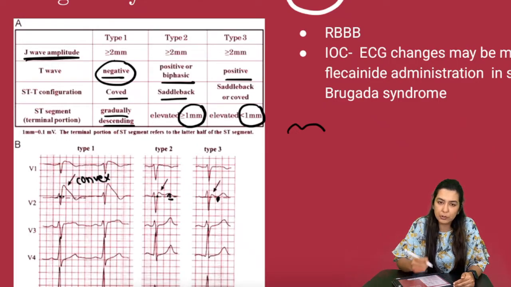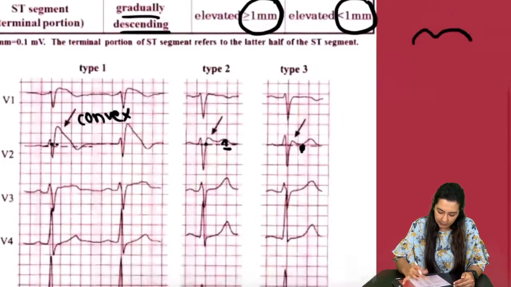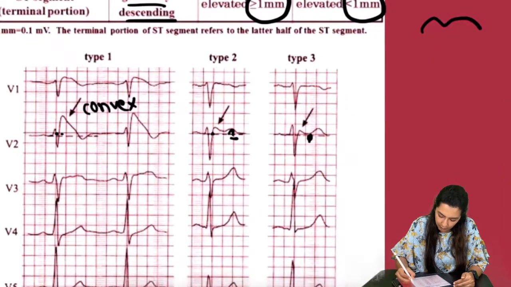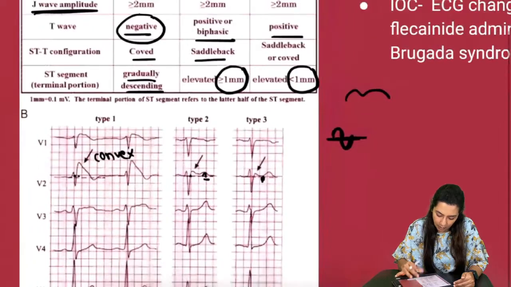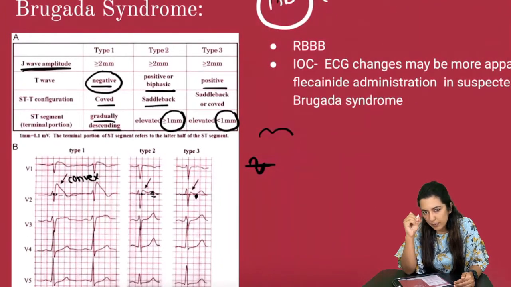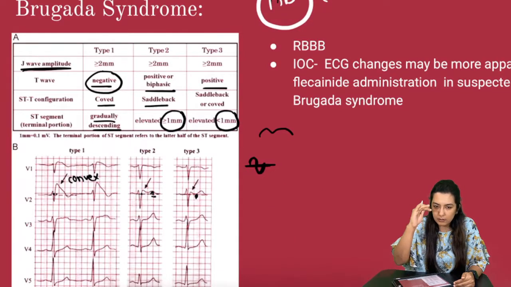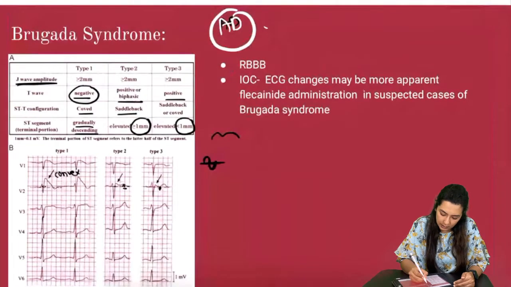In type 2 it is a saddle back, but the end point is more than 1 mm, and the T wave can be either biphasic, where this is your baseline and this is a biphasic T wave, or it can be positive. And in type 3, the last part of the ST segment will be less than 1 mm and the T wave will be positive.